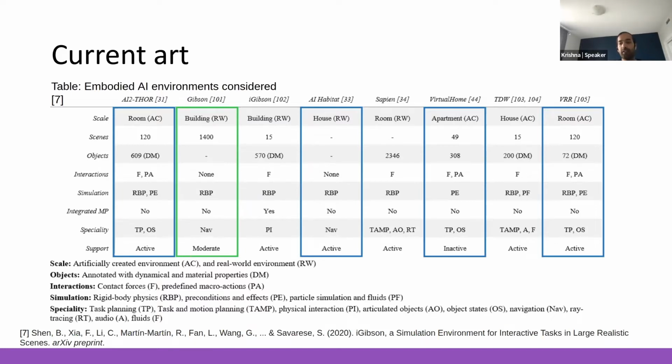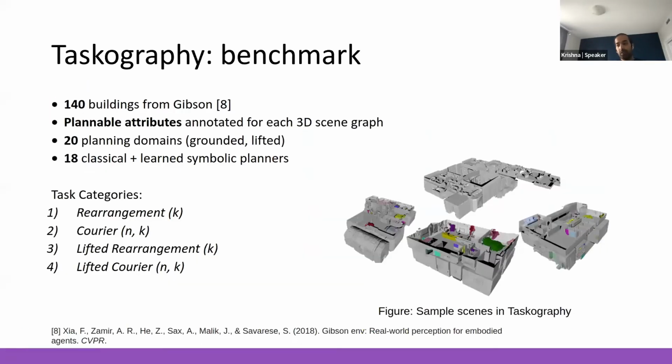So what we first did was to build a benchmark of task planning problems over 3D scene graphs. We took 140 buildings from the Gibson dataset, and for each of these buildings, we annotated plannable attributes. We first had 3D scene graph information that had objects, places, rooms, and so on.